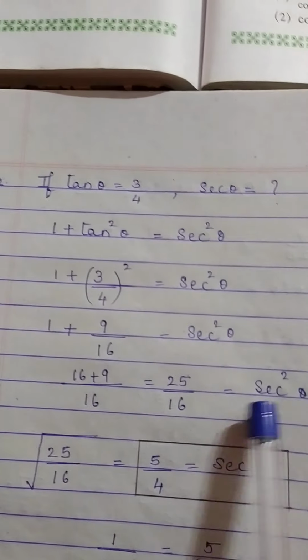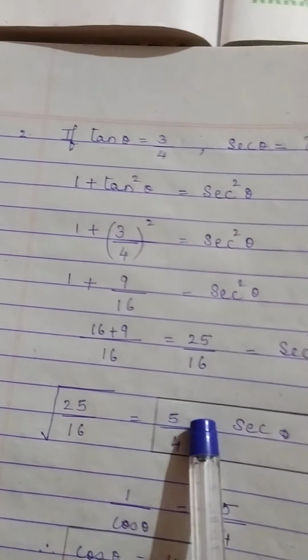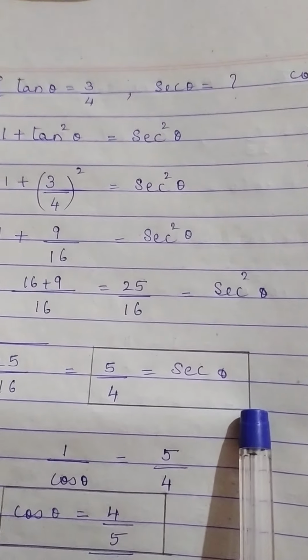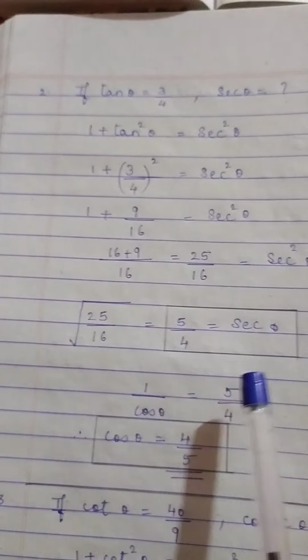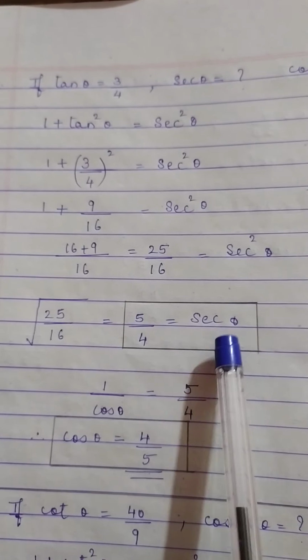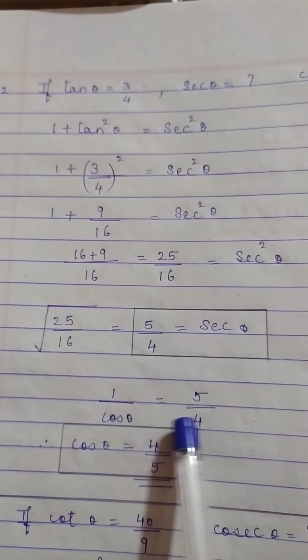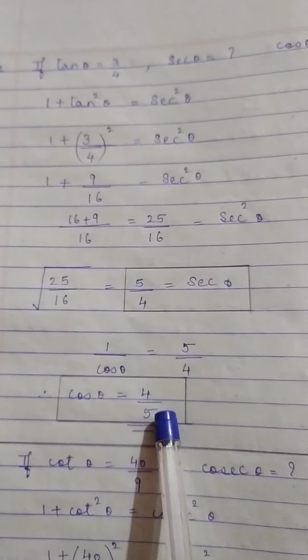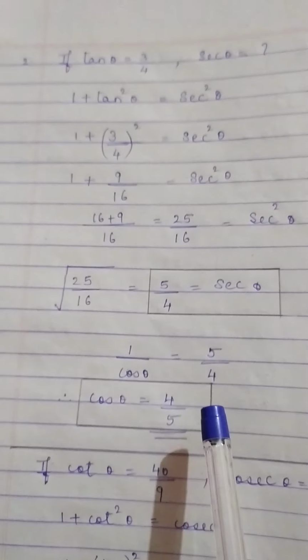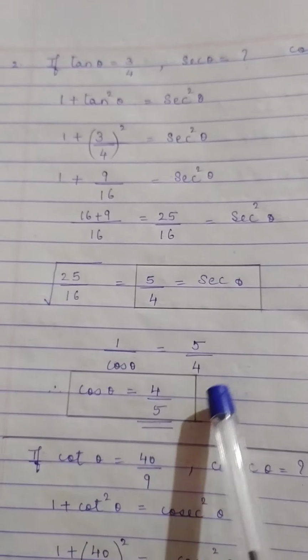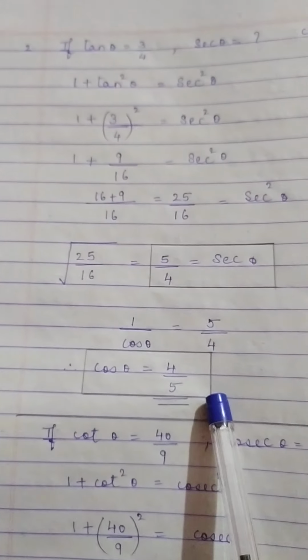To find secant theta, find the square root. So that's 5 upon 4 equal to secant theta. Okay. Next, to find cos theta, we know the reciprocal of secant theta is cos theta. And therefore, the value of cos theta is 4 upon 5. So we got the values of secant theta and cos theta for the second question. Okay, this is how it's to be done.